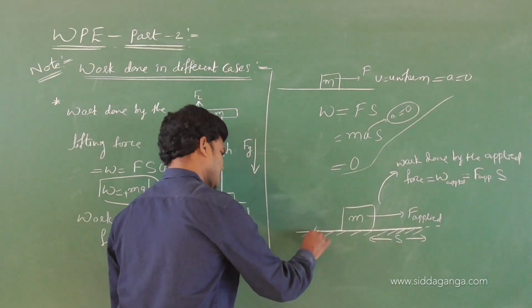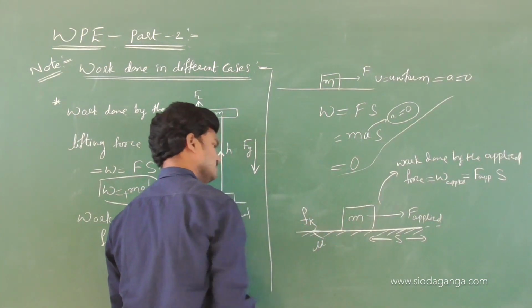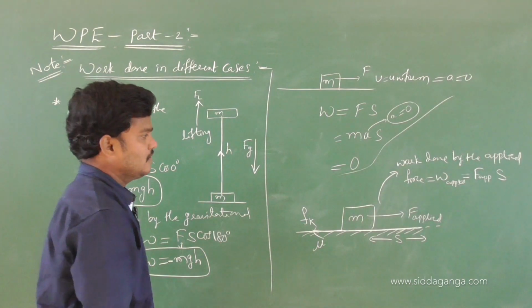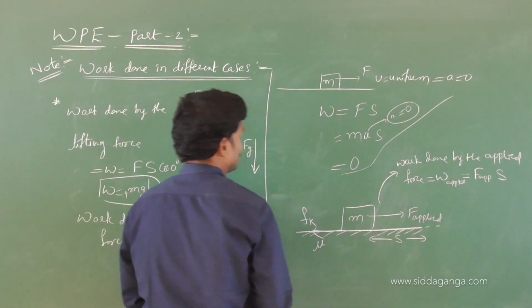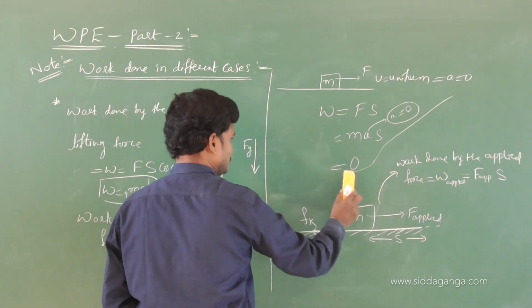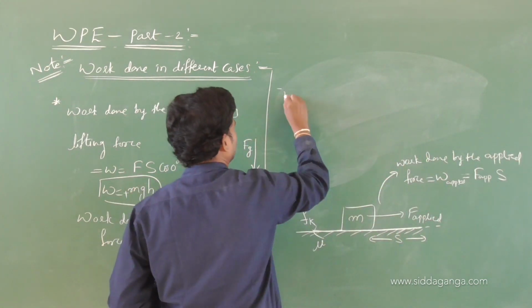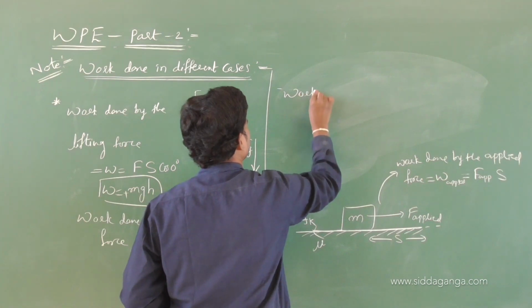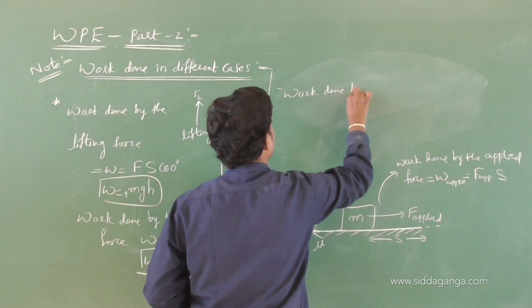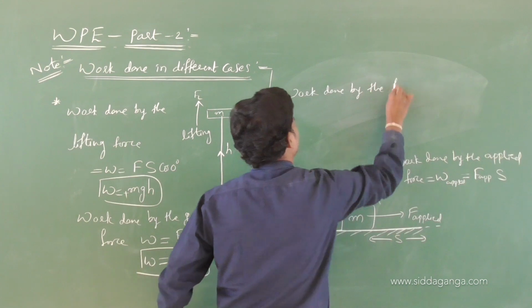And see, what force is acting on this side? Fk. Tell me what is the work done by the frictional force? I will remove this now so that I can write neatly. Work done by the frictional force.